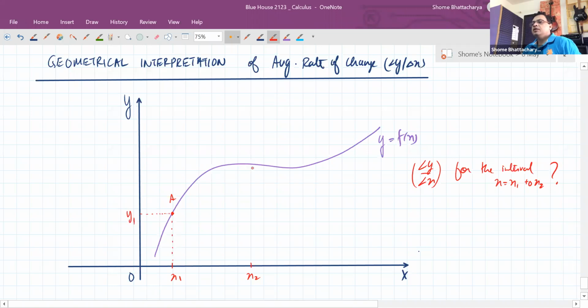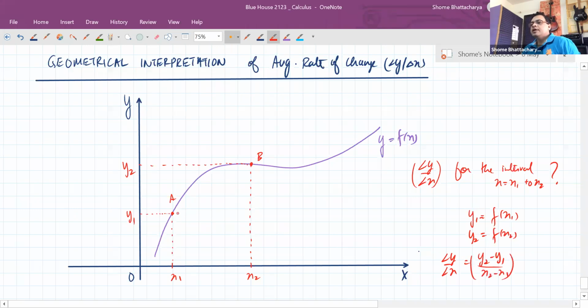And this other point on the curve, let's say B, is the point where the x coordinate is x2 and the y coordinate is y2, where y1 is equal to f of x1 and y2 is equal to f of x2. So now delta y by delta x is y2 minus y1 upon x2 minus x1.